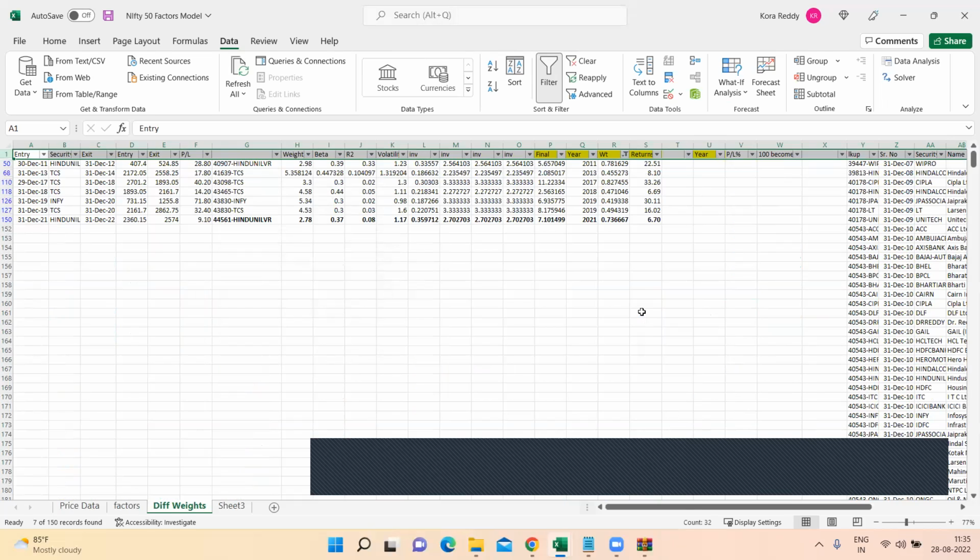So it has done this quite a few years: 2011, 2013, 2017, and again in 18, and in 19 it has picked 2 stocks. In 21 it has picked Hindustan Lever. The maximum it has picked is TCS at 83% weightage in that particular year, 2017.